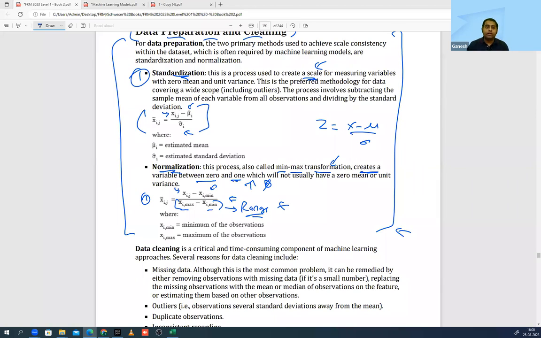I hope everybody online is also able to understand the concept, standardization and normalization. You can expect a theory question on this.